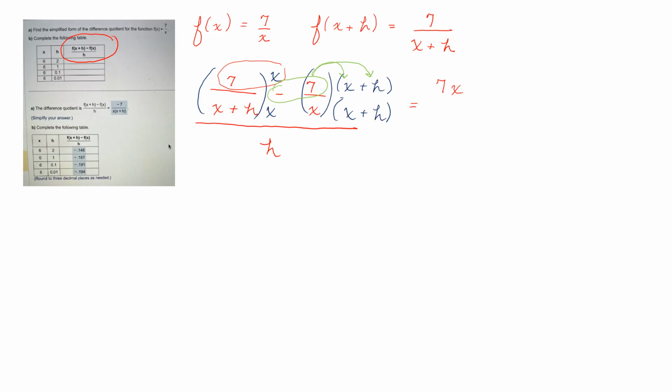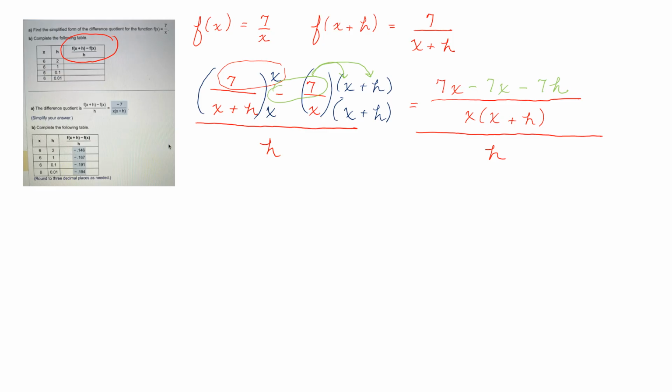So that will give me a minus 7x minus 7h, and that's over the common denominator x times x plus h, which is what you get when you smush those denominators together. And that's still all over h.